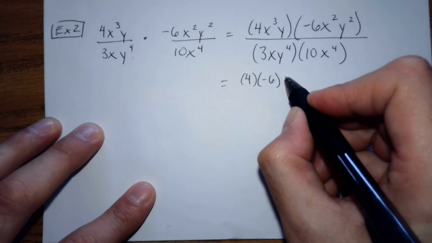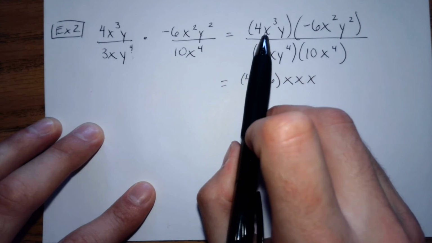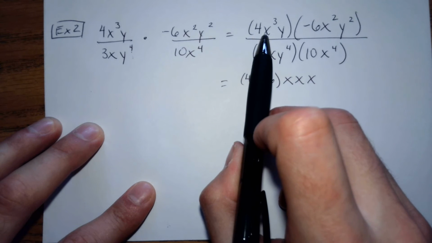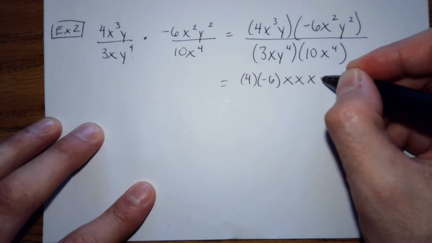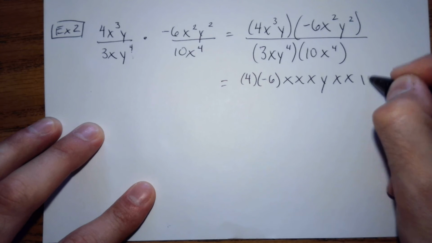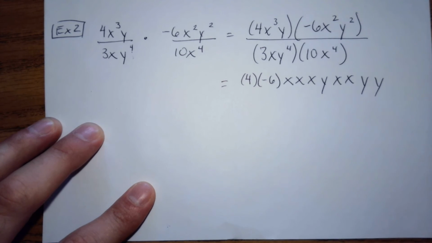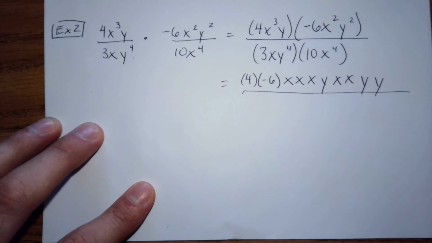And then x for the x cubed. And then maybe the y, x, y. If you just remember your exponent rules, you don't need to write out all of this. But I think this is easiest to see.